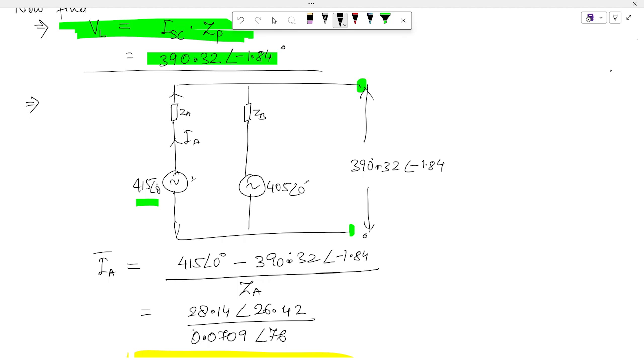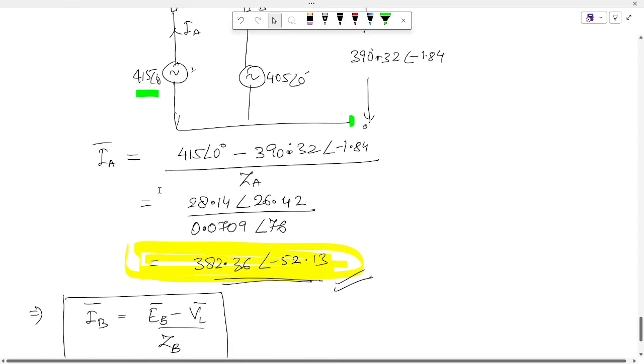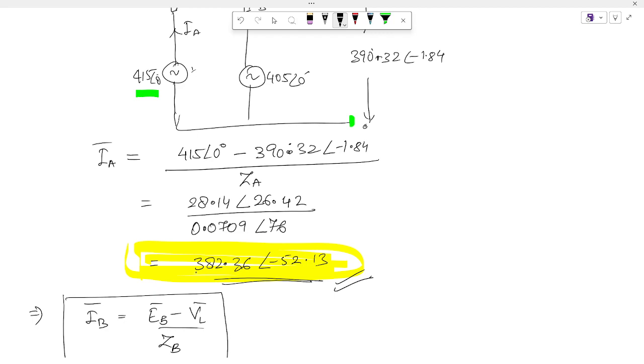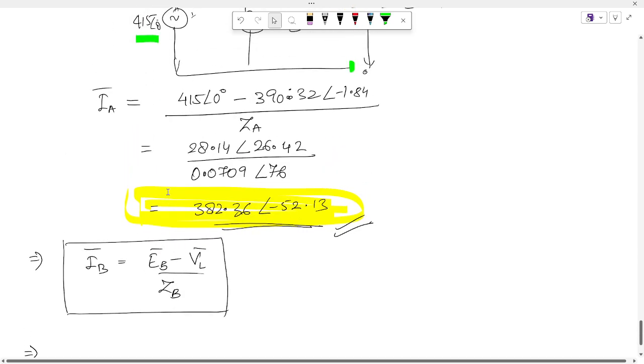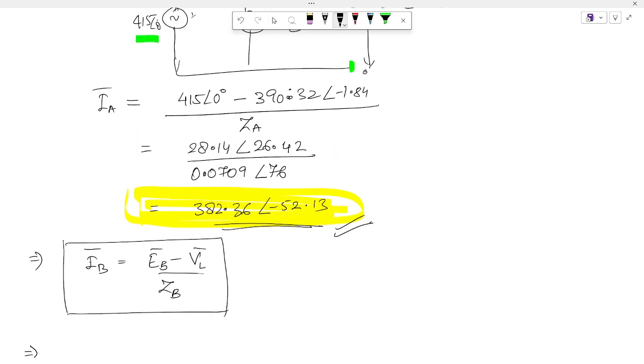You get IA as 382.36 at an angle minus 52.13. Similarly, the current drawn from transformer B will be EB minus VL divided by ZB. That's all for the parallel operation of transformers. Thank you.